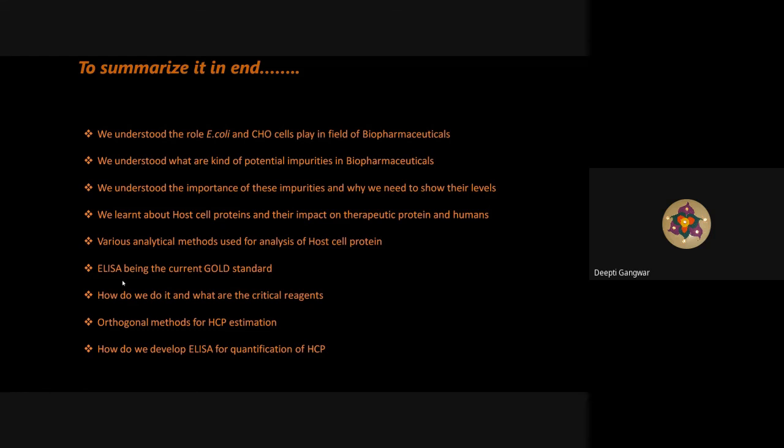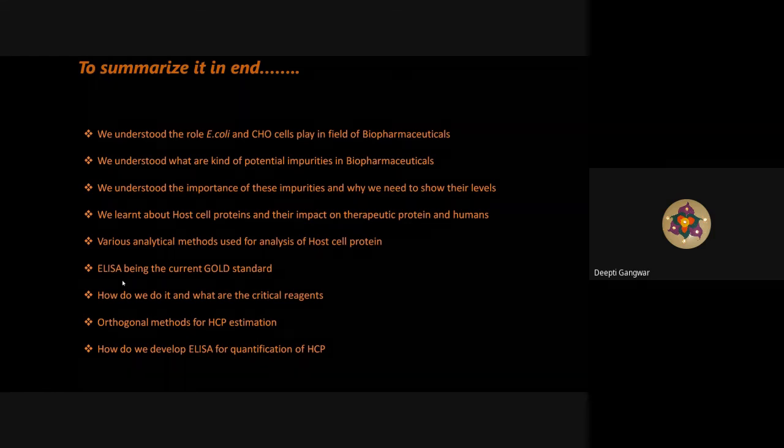Then we understood why we have to take care of these impurities: they can be immunogenic, they can impact the safety of the patient, or they can impact the efficacy of your molecule of interest. That is why it is important to keep a check on the level of these impurities.